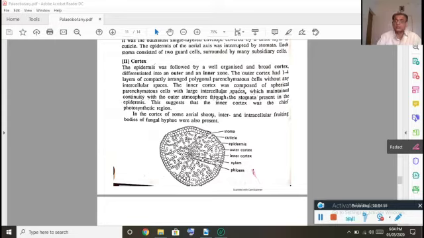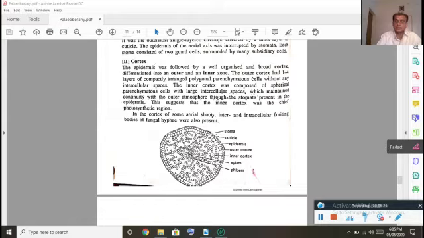The transverse section of the Rhynia stem shows three regions. This is called epidermis, and here is the cortex and the central stele region. Epidermis is simple, made up of a single layer of compactly arranged parenchymatous cells. Here and there certain openings are present, and these openings are nothing but stomata, which help in the exchange of gases.